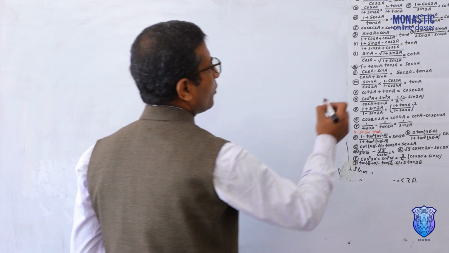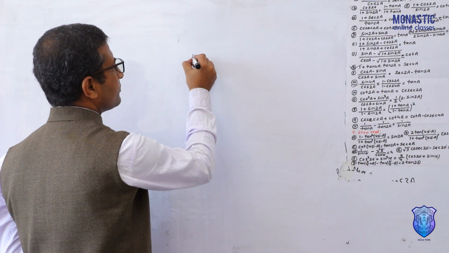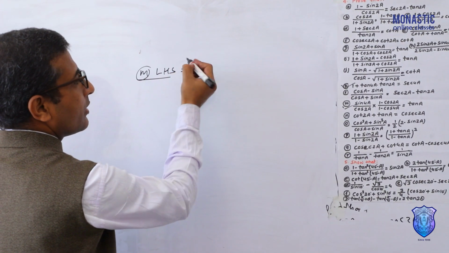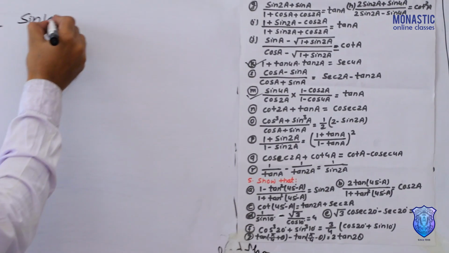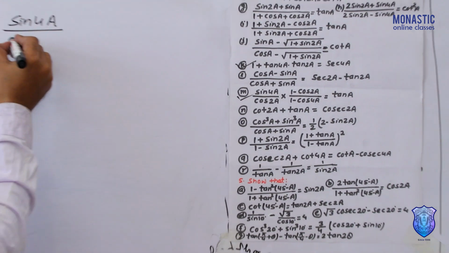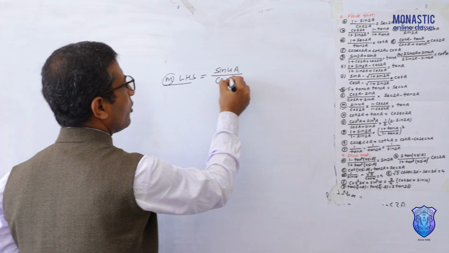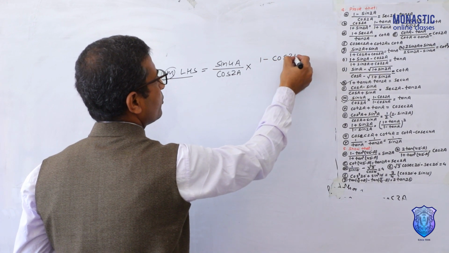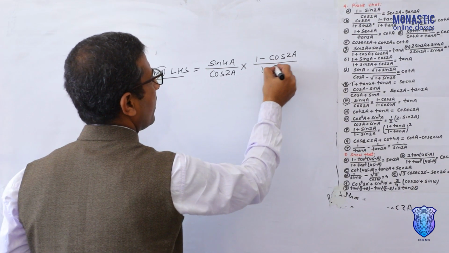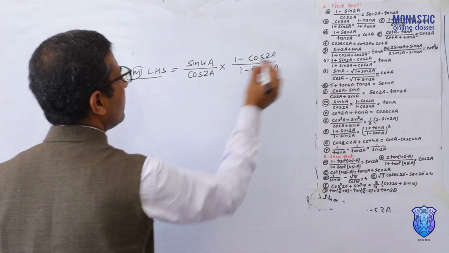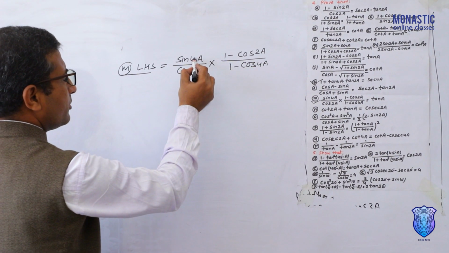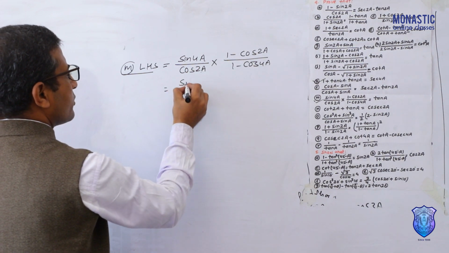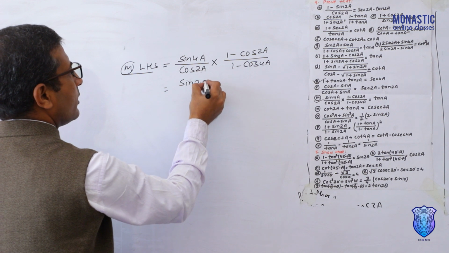Now we have question number M. Look at LHS. It is sin 4A by cos 2A, times (1 minus cos 2A) by (1 minus cos 4A). Here we have values in 4A and 2A. First convert 4A into 2A.